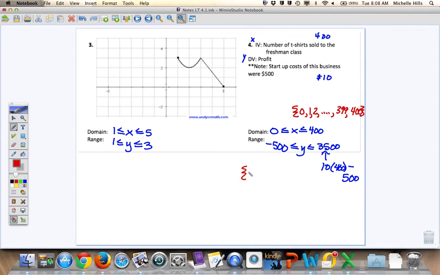And then my profit, if I sold 0 shirts, would be negative 500. And if I'm making a profit of $10 per shirt, this is just going to go up by 10. So negative 490, negative 480, dot, dot, dot just means the pattern continues in the same way until I get up to, if 3,500 is my top, then 3,490 would be the next to the last, and 3,500 would be the last. Okay, thanks guys.